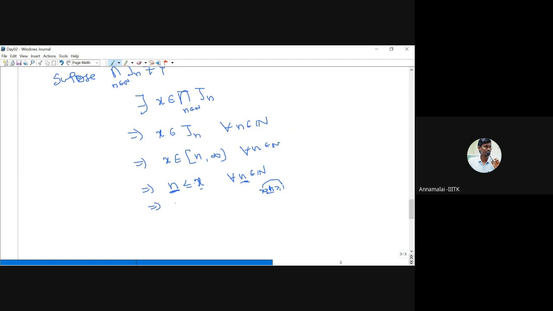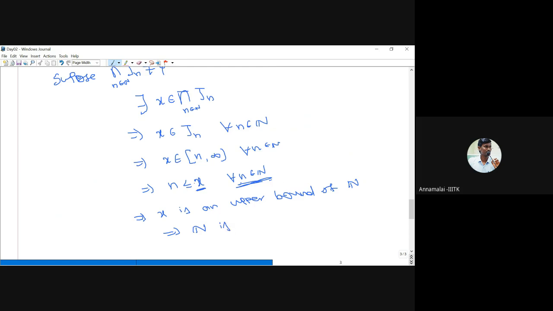Now we can take another approach. We can simply stop here and say that since every natural number is less than or equal to x, x is an upper bound of the natural numbers. That implies that N is bounded above in R, which is a contradiction, because by the Archimedean property we already know that N is not bounded above.